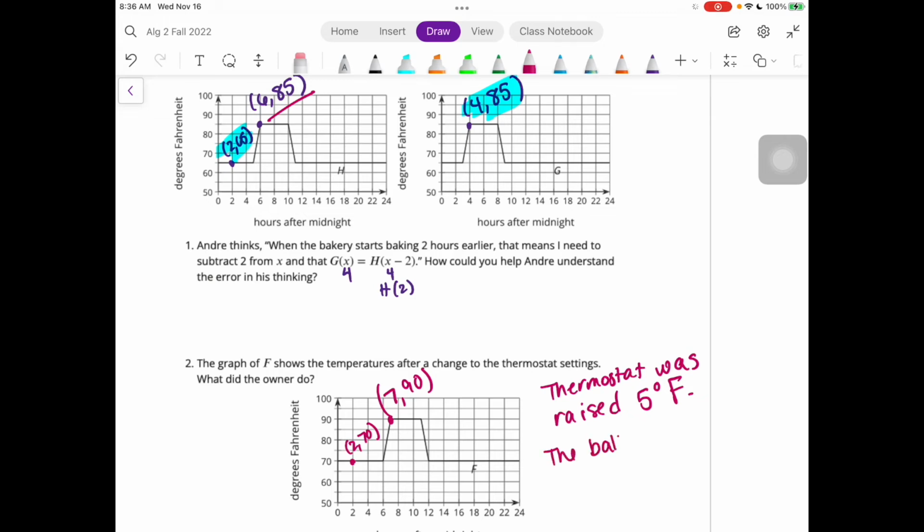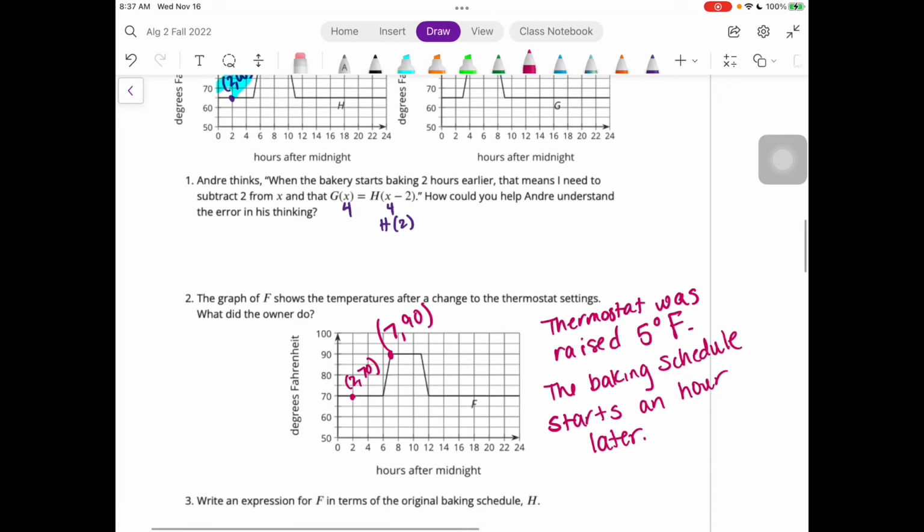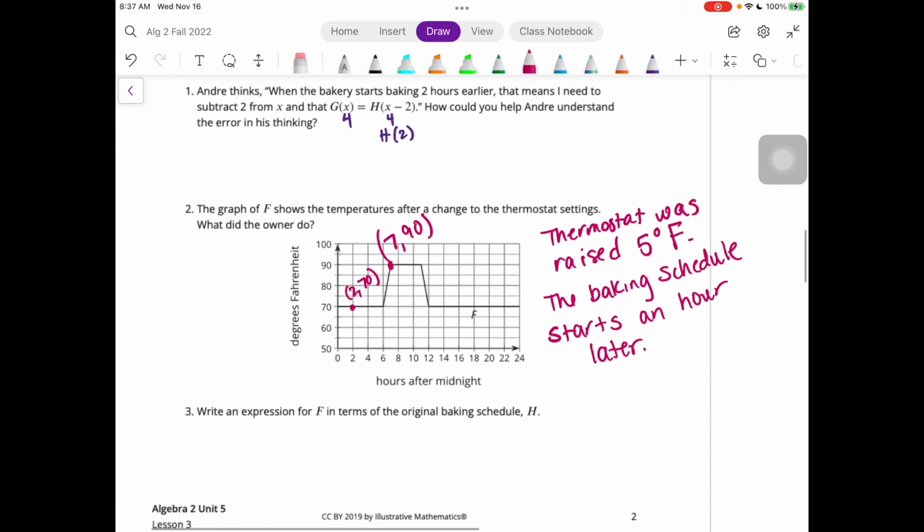So the baking schedule starts an hour later. So the ovens are turned on at 6 instead of at 5. All right, so now we want to write an expression for f of x, and we're writing it in terms of the original baking schedule, which was h, right?